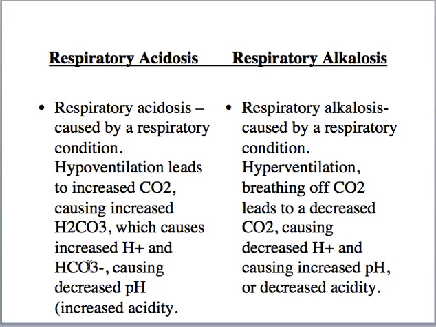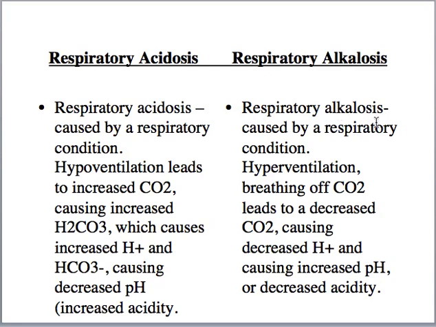It will also give us more bicarbonate ions. This will then cause a decreased pH, meaning increased acidity. That's what happens when you have hypoventilation: increased CO2 levels, which will then cause a drop in pH, and that's increased acidity. That's a condition of respiratory acidosis.